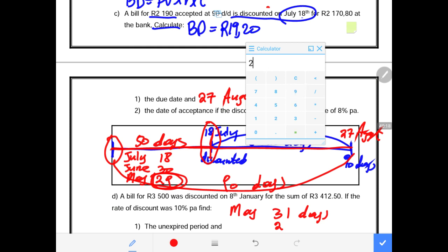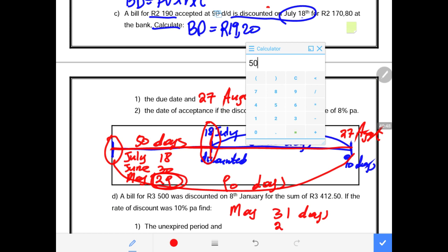So now we have 2 days in the month of May and 30 days in June. Then you say plus 30 days in June plus 18 days in July. You can see that is exactly 50 days. So guys, please be mindful of these 2 days. When you work backwards, we need to take 1 day extra, plus we cannot take the 30th and say it's the 30th and 31st, because we don't include the date the bill was drawn when we're calculating the unexpired period.